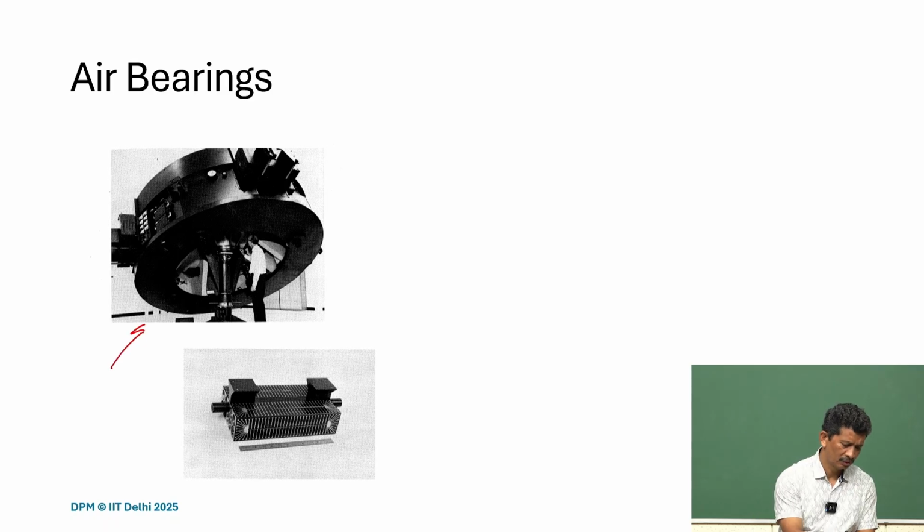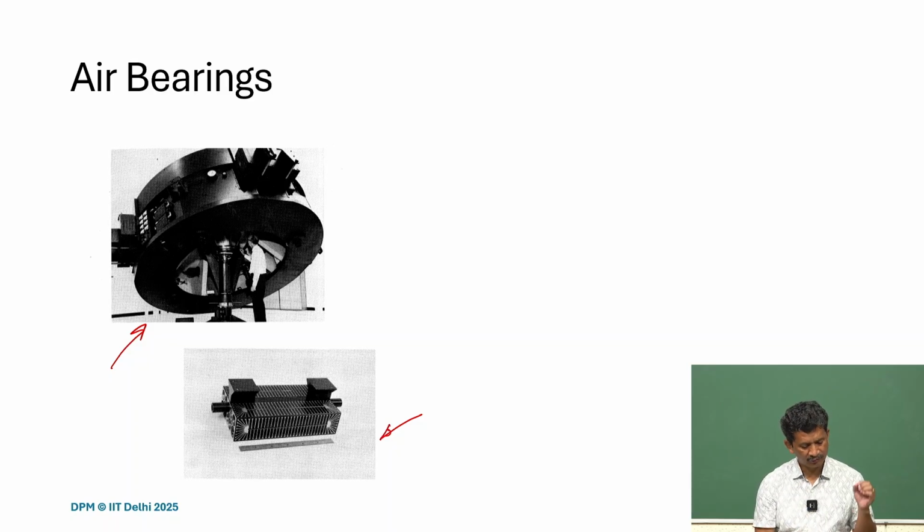If you look at this, it is a humongous and very big system, but it is on air bearings, and it was developed mainly to characterize the Apollo spacecraft for the Apollo mission. What you see here is just a granite block, but the groove pattern is scratched and made on the surface, and you can see that air can be fed through, and then through these channels it will develop the pressure and it can glide.